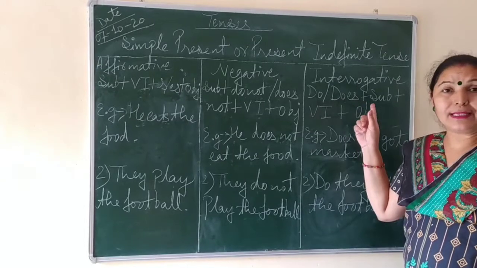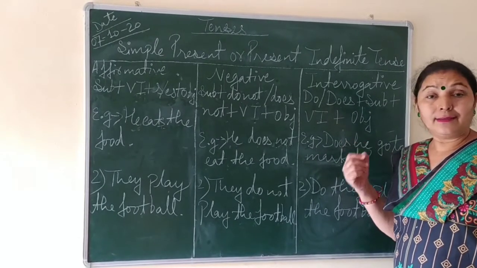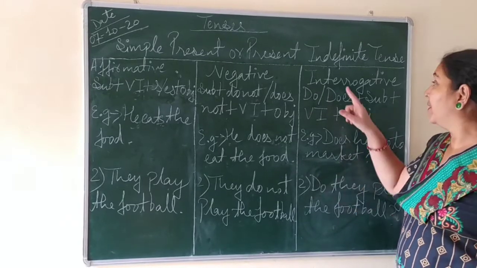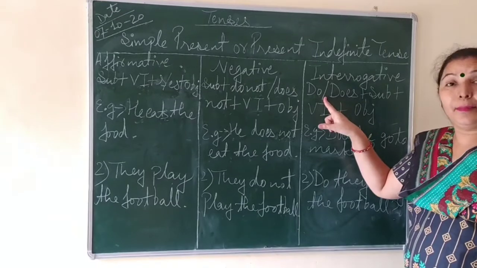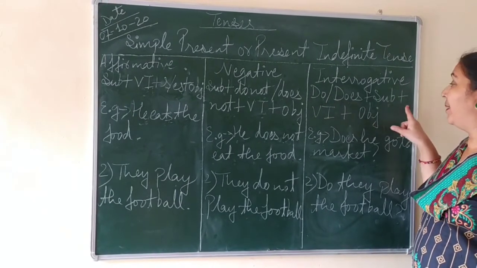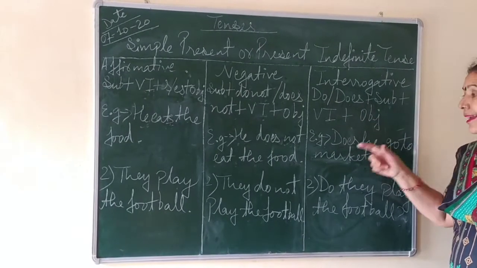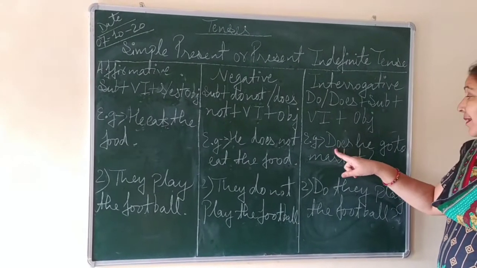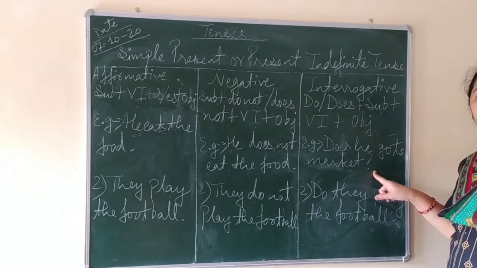Coming to the interrogatives. Interrogative is a question. A sentence with a question. So under this we will take do or does in the beginning of the sentence. Then comes subject plus V1 plus object. This is the structure of the sentence. Let's see the example. Does he go to market? Question mark.